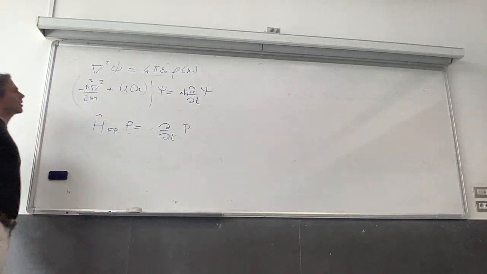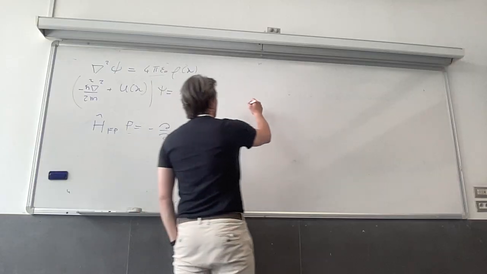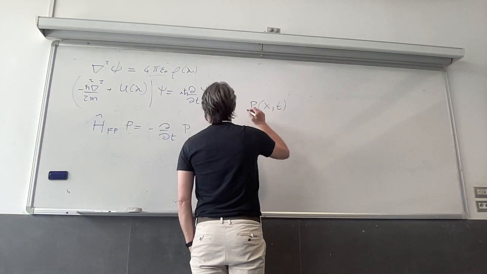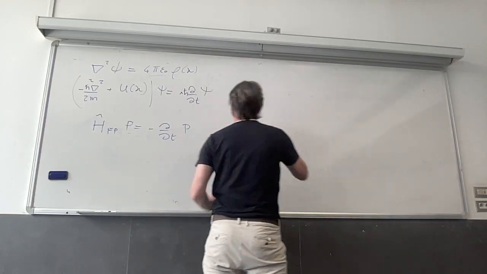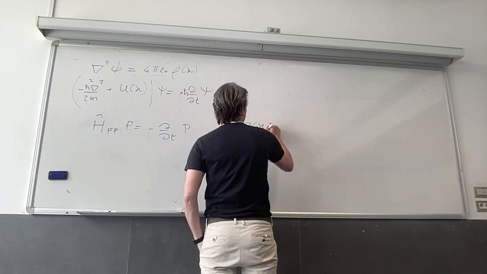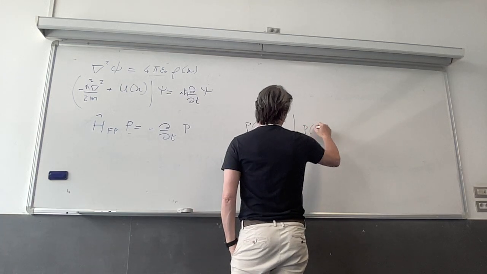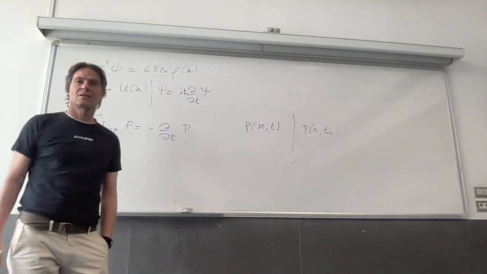Now, all these equations are normally solved for deterministic situations. That means we want P of t, or in this case we want P of x of t, given P of x at some t naught, typically the initial condition.